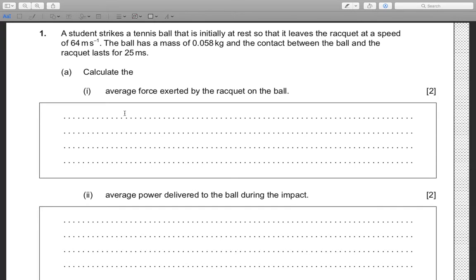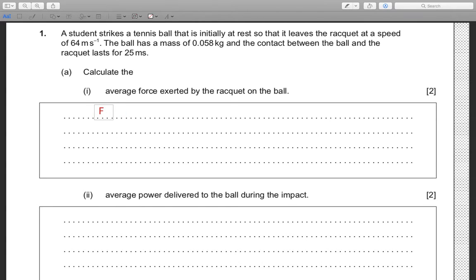Yes, this is about the momentum and impact on the ball, so we have a formula for this. This is actually about impulse.